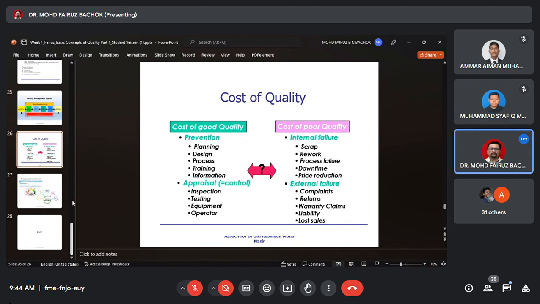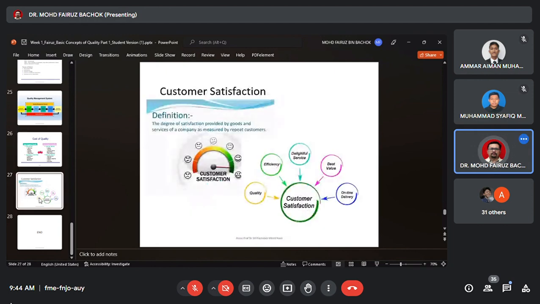The last slide is about customer satisfaction. Again, your product should meet the customer's need and satisfaction, because the customer buys your products. That's why you depend 100% on the customer.